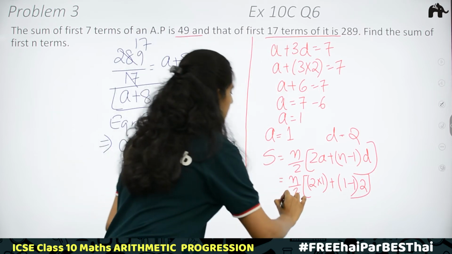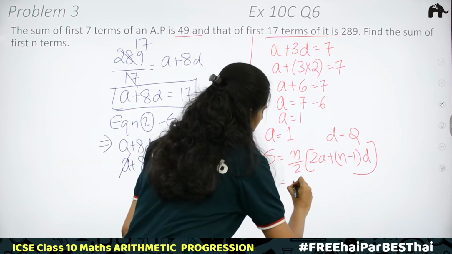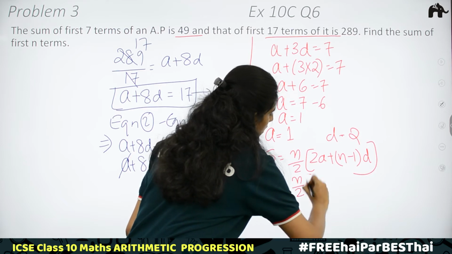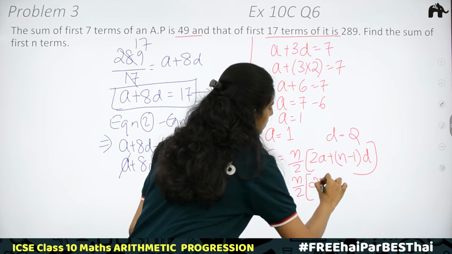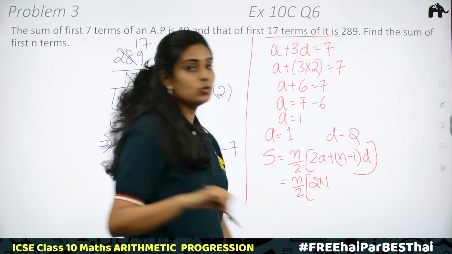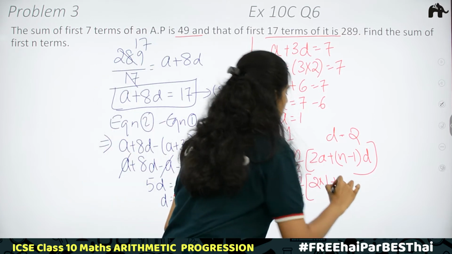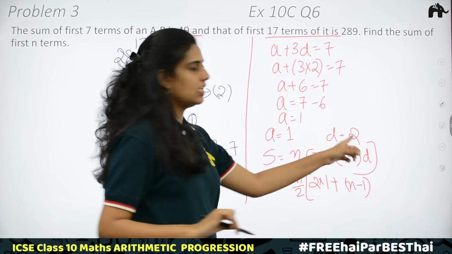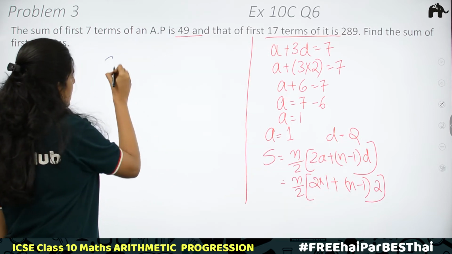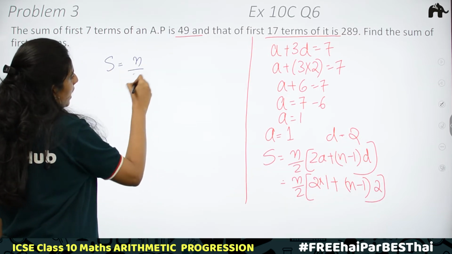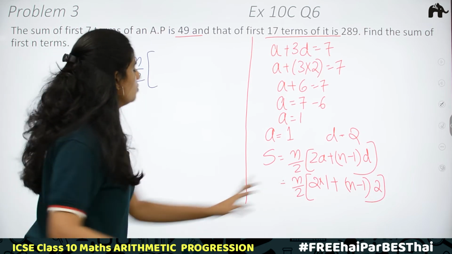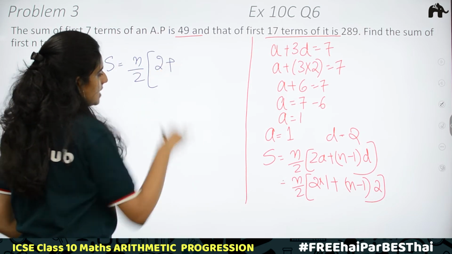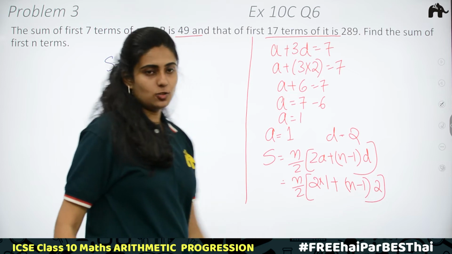Okay, equal to n by 2 into 2 into a value, which is 1, plus n minus 1 into d, d is equal to 2. S is equal to n by 2 into 2 plus n minus 1 into 2.